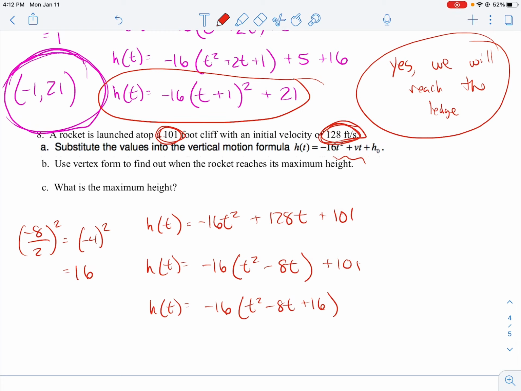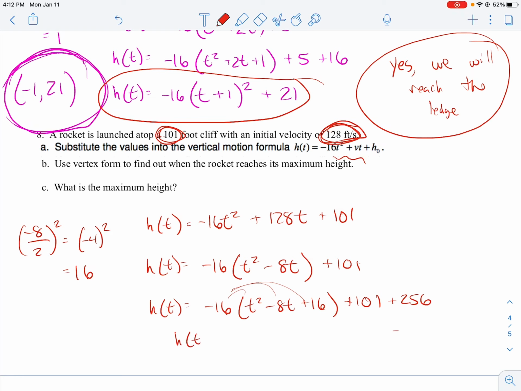But really, what am I adding? I'm actually subtracting. If I multiply this through, I get negative 16t squared plus 128t minus 256 plus 101. To ensure that I get the same thing I would get up above, I have to add 256 at the end. That's what we have to do to balance that out.